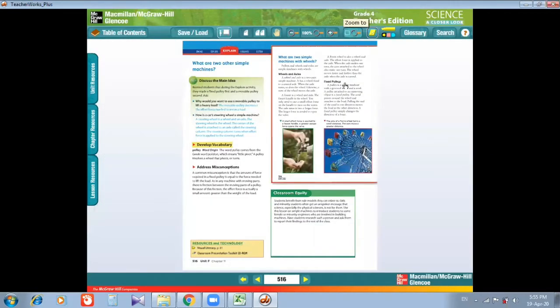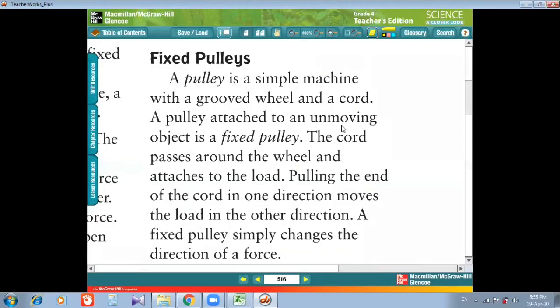A pulley attached to an unmoving object is called a fixed pulley. The cord passes around the wheel and attaches to the load. There is a cord, it is passed around the wheel and then it is connected to the load which you want to lift up.